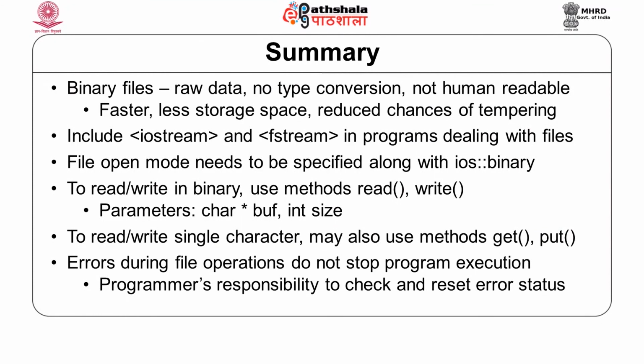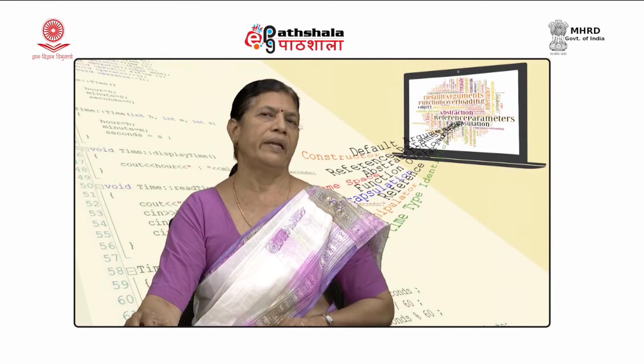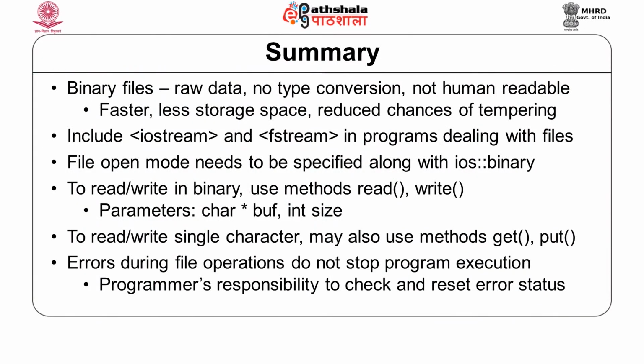Binary files are especially to be used for efficient operations with more numeric type of data, or even where the files are to be protected from normal text editors. The data may not be hampered in that case. So, this is how we can use binary files.